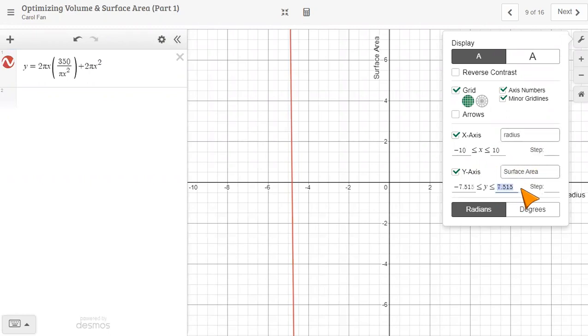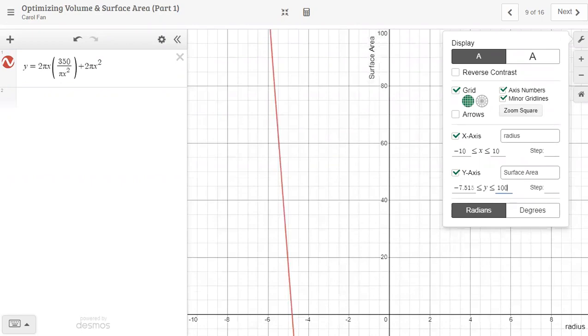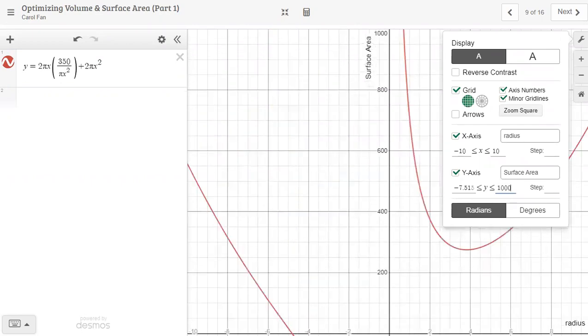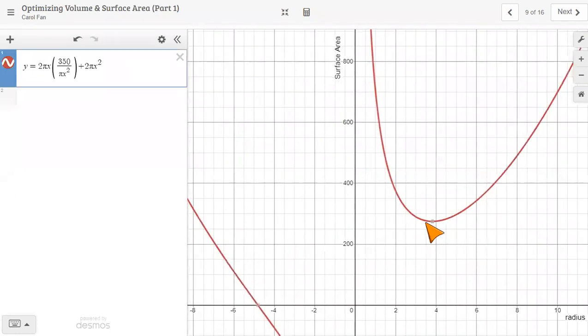Okay. Y-axis, my surface area, let me go up to maybe 1,000. Okay, so we've got our graph here. We have a minimum value of 3.8 and 274.9.